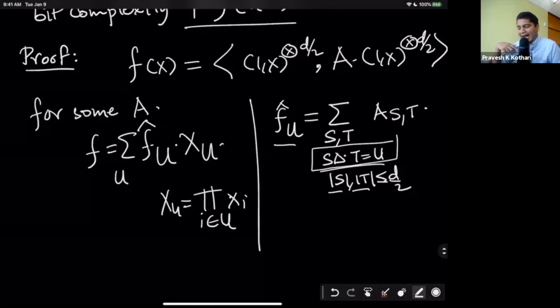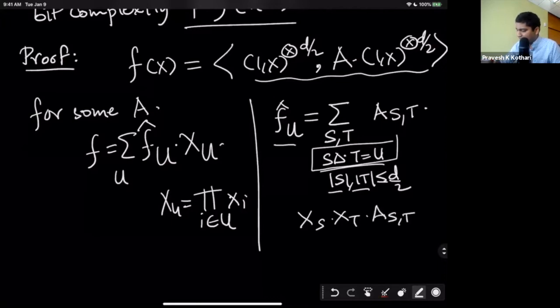Okay, and this is simply using the following idea: if you look at the monomial XS and monomial XT, and you expand this quadratic form out here on the right, you're just going to get a sum like this, AST, sum over S,T. That's how this quadratic form expands out.